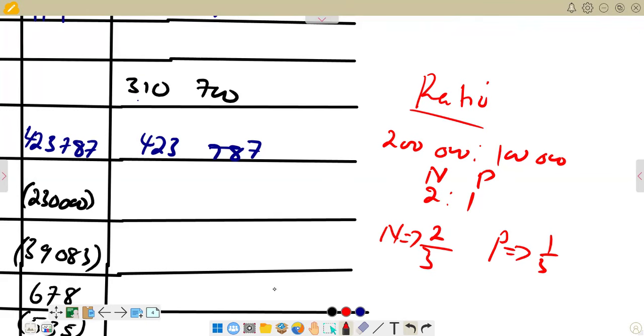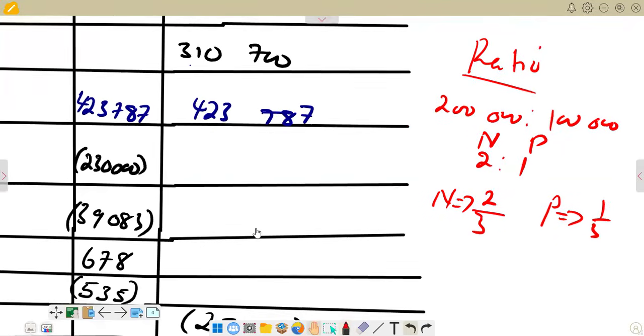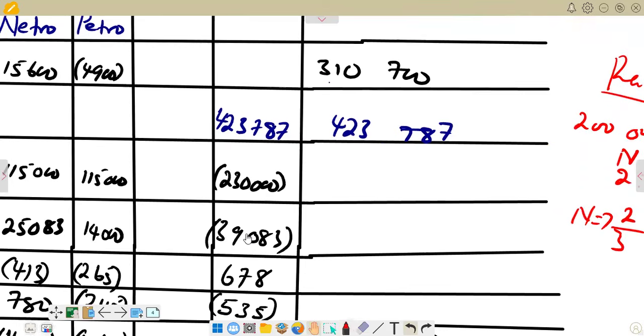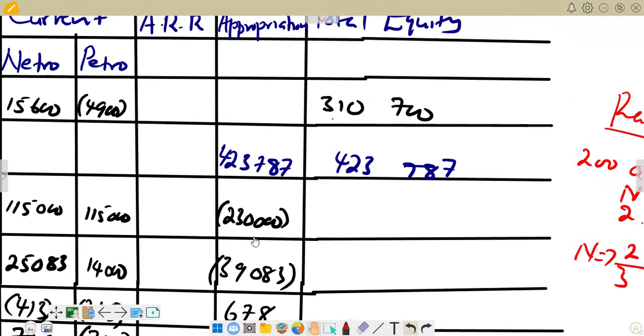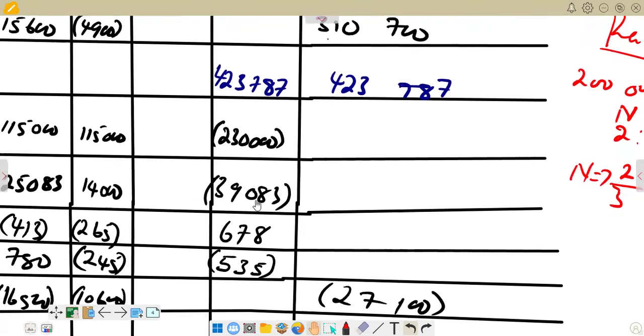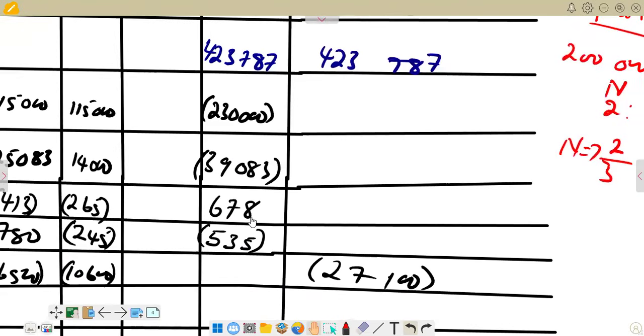So if you come here, the balance that we are going to have there, we can calculate for appropriation. We come now in the column for appropriation, and we are going to say 420,787 minus 230,000 minus 39,083 plus 678. Then you subtract 535.